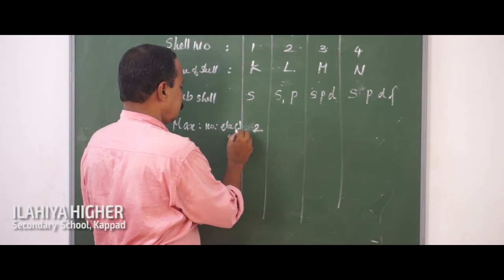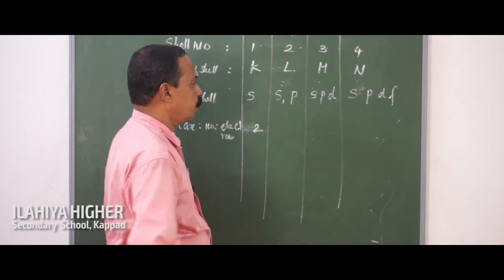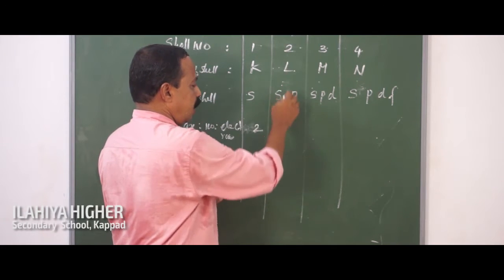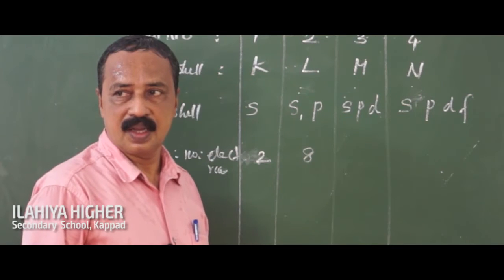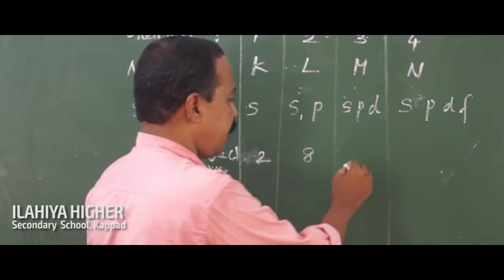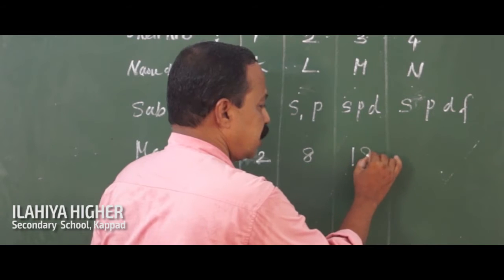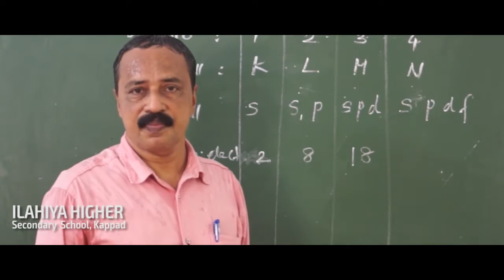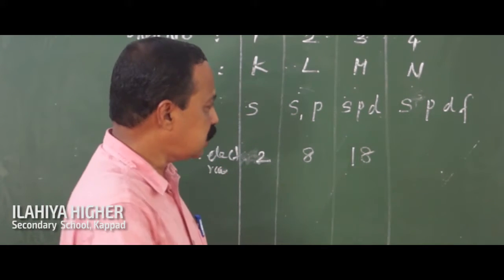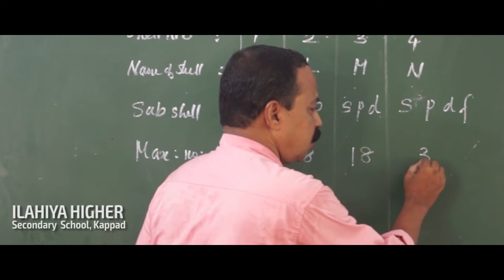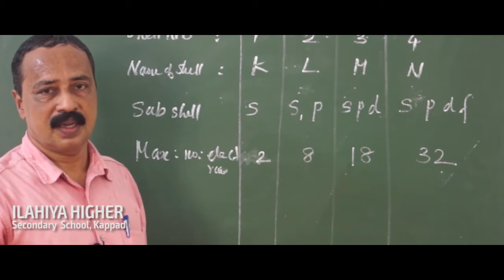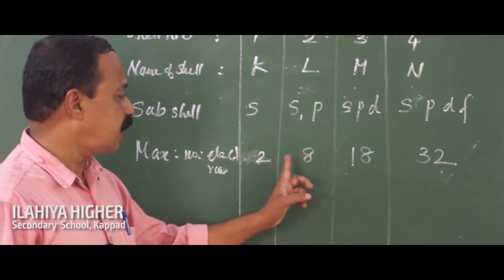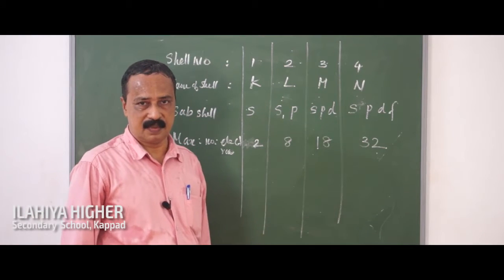Second shell, maximum number of electrons possible is 8. Third shell, 18. And fourth shell, 32. These are the shell-wise electronic configuration.